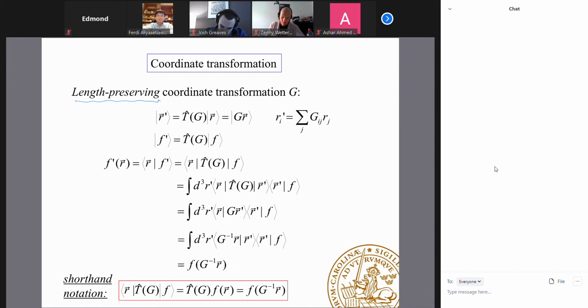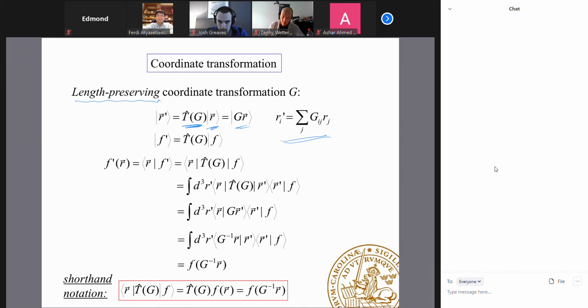In most cases, it's really just rotations of the coordinate systems. We define it this way. If I operate this symmetry operator on the position, then it's just rotating the vector by the element G. So G can be a rotation operator, and it is usually just a rotation operator. So we have this matrix equation.